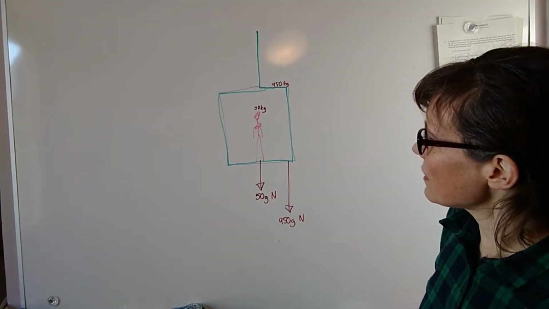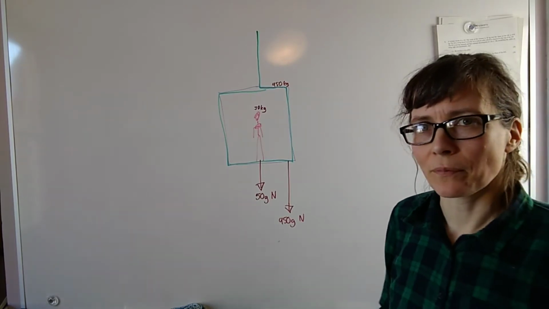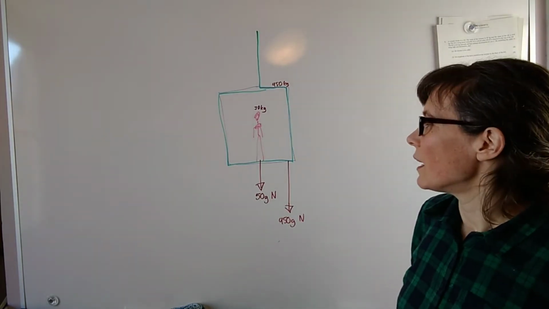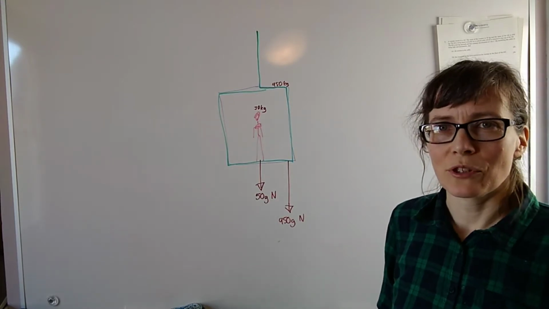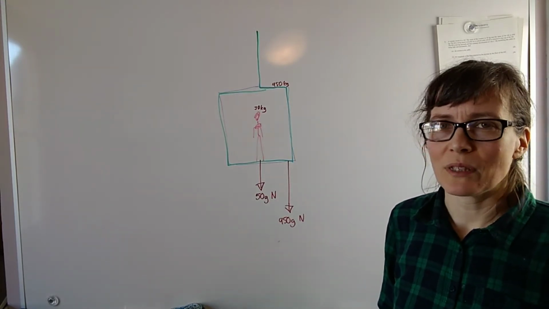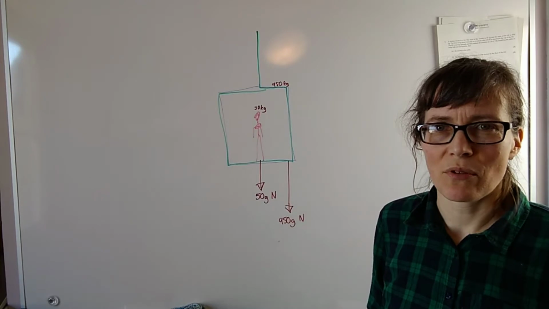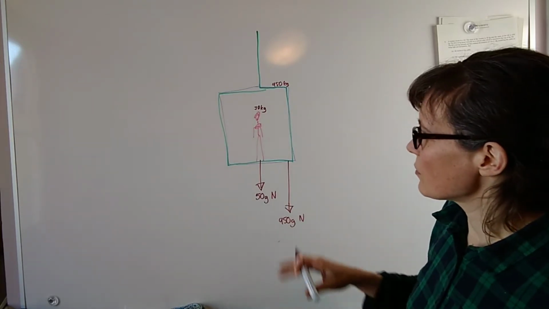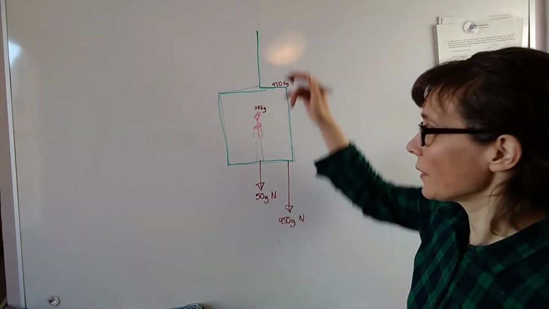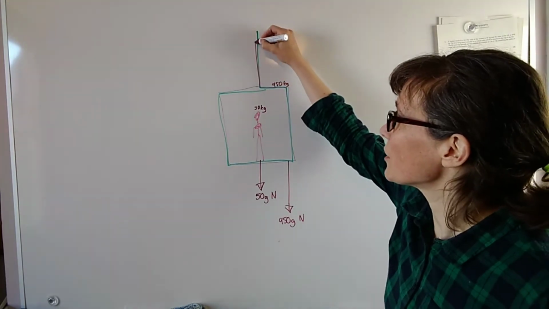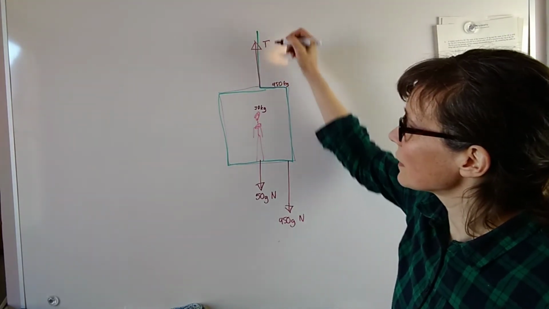There has to be something counteracting all this, because otherwise they would just be in free fall, which you might see in the movies, but we never want to experience in a lift. So what is stopping them from falling? It's basically the tension in here.